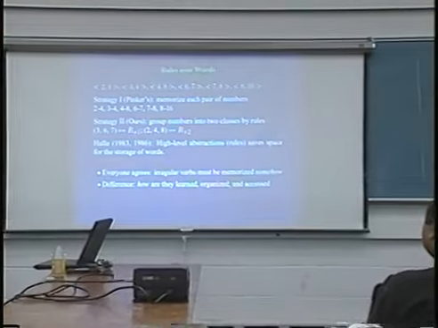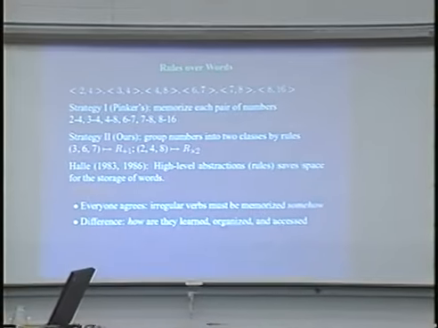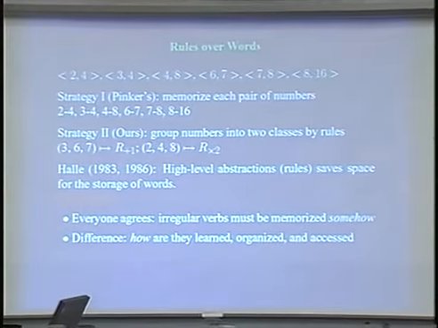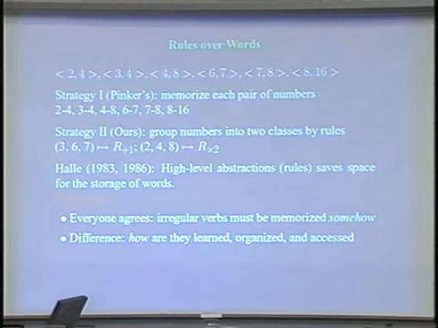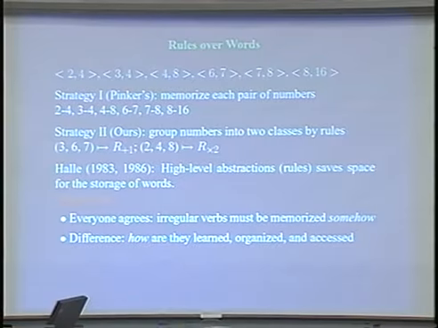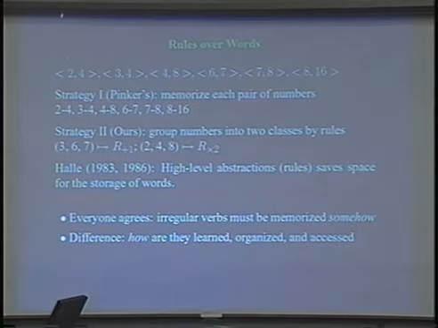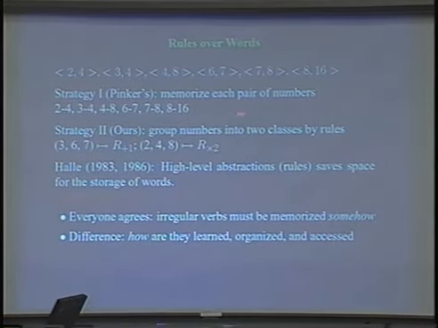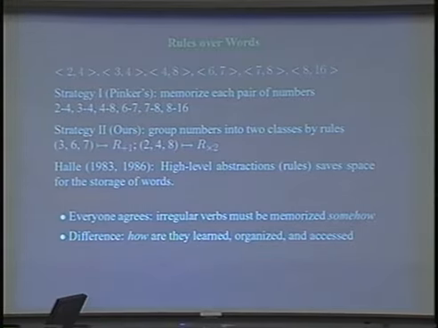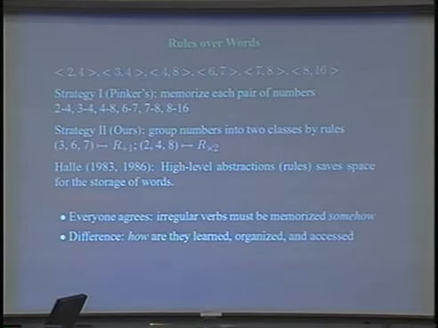So to understand the difference between that approach and the one I'm going to suggest, we can look at a simple job of learning numbers. You're supposed to memorize the number pairs, 2, 4, 3, 4, and so on. There are two strategies. One is you can memorize them as pairs, as they are. That's fine.